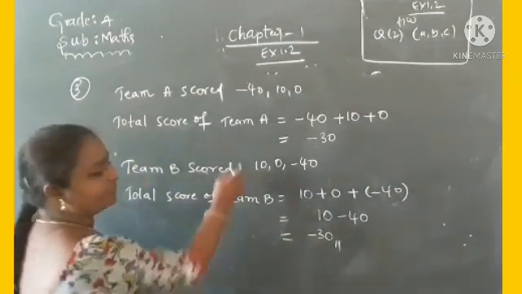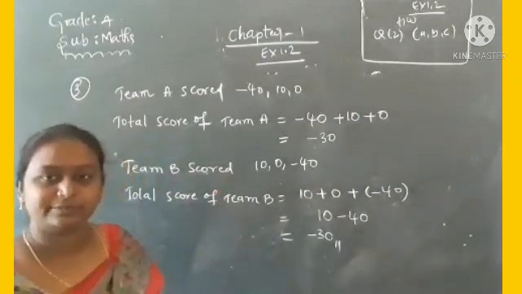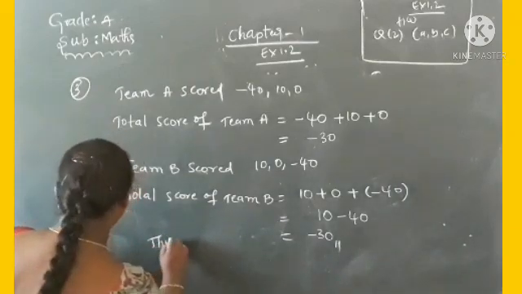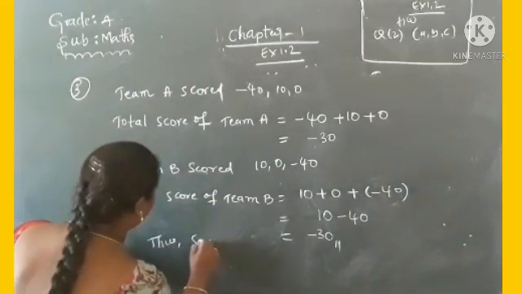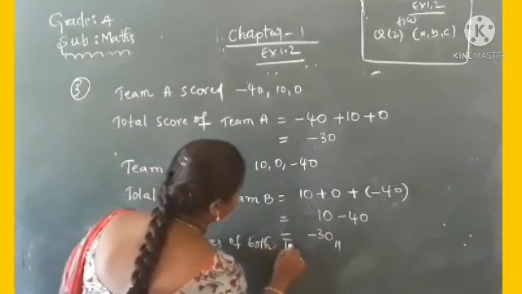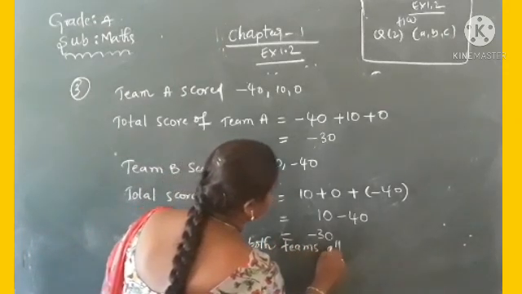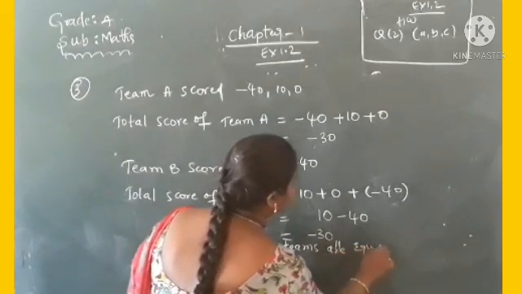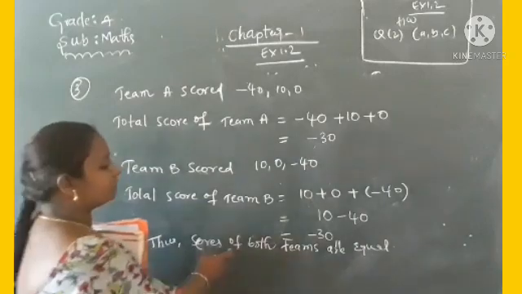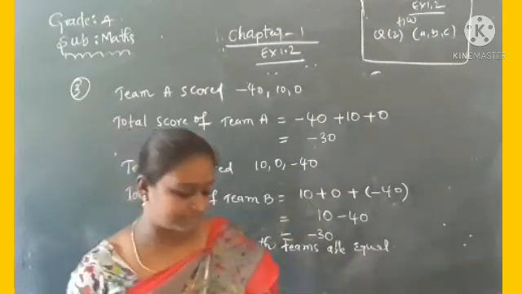Observe here, team A and team B, both teams got the same score. So the scores of both teams are equal. Which team scored more? Both teams scored equal marks.